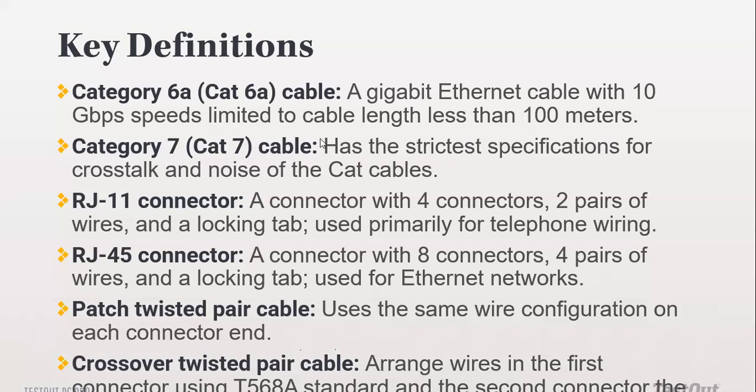Category 6A is also gigabit Ethernet, and the maximum it can transfer per second is also 10 gigabits, but the difference is in terms of length. It can transfer within 100 meters at that speed. Category 7 is the highest specification for crosstalk and noise of category cable. It is the most expensive and the highest specification that we have in terms of Ethernet cables.